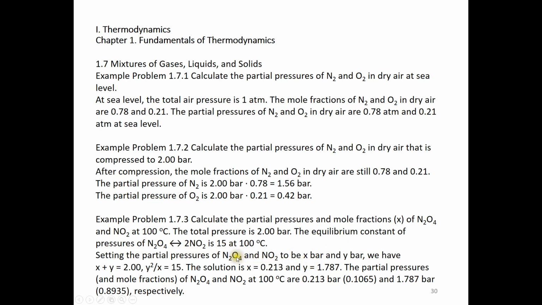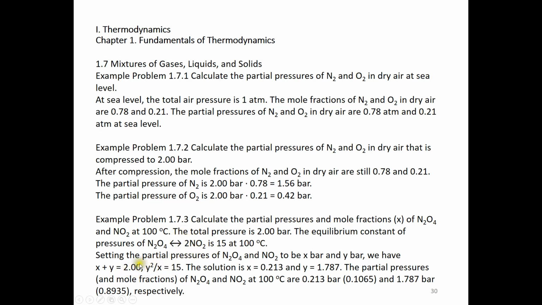The partial pressure of N2O4 is X bars. The partial pressure of NO2 is Y bars. Therefore, X plus Y is equal to 2. Now we know the equilibrium constant, 15. Therefore, Y squared over X is 15. The reason we need to square Y is because of the coefficient 2 over here.